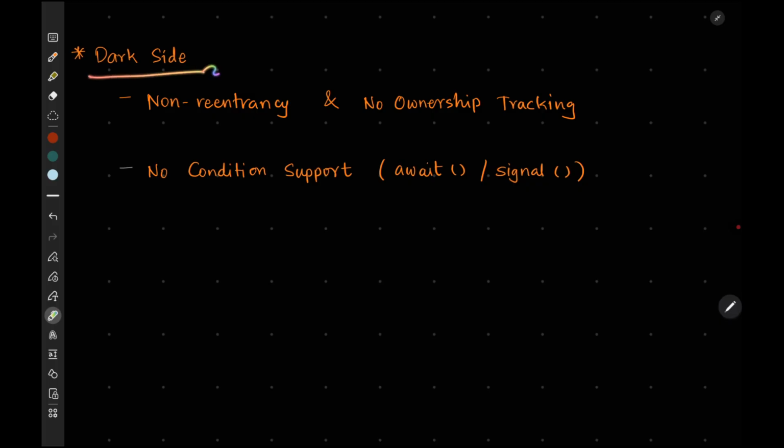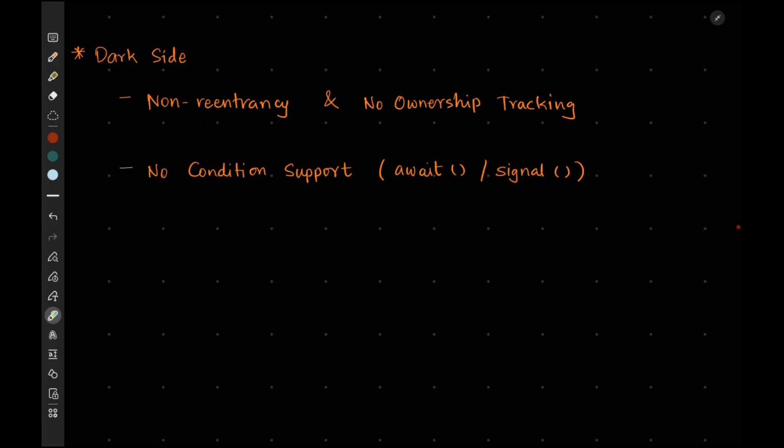Now let's see the dark side. StampedLock is not a silver bullet. Because it doesn't track ownership, you won't see the lock owner in thread dumps. If you get a deadlock, debugging is harder. Also, if you accidentally call the writeLock method twice in the same thread, you will deadlock instantly.